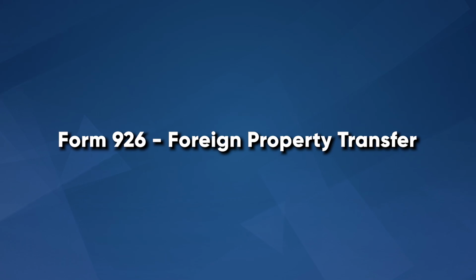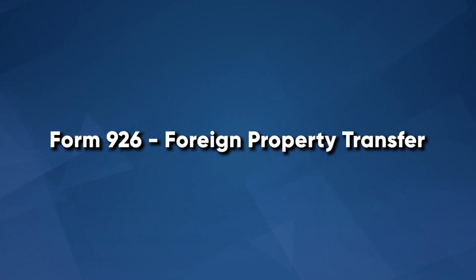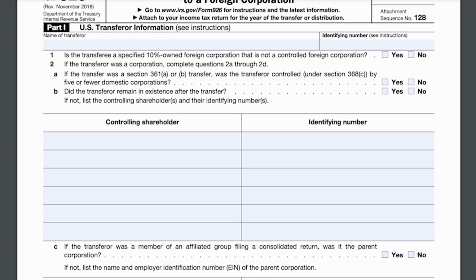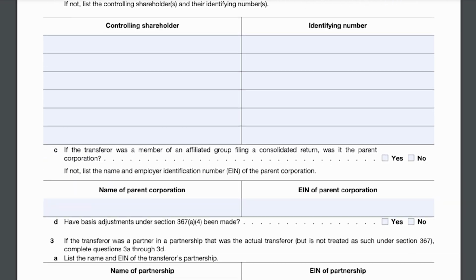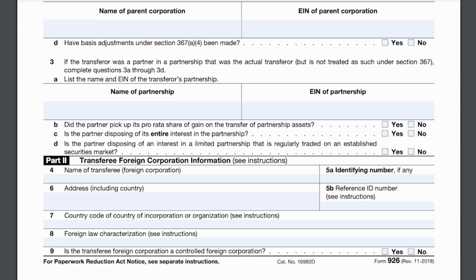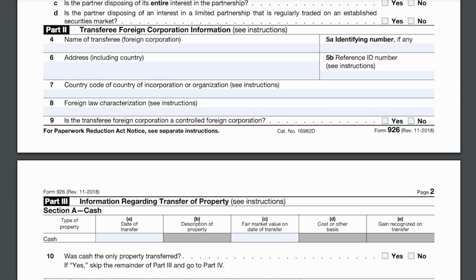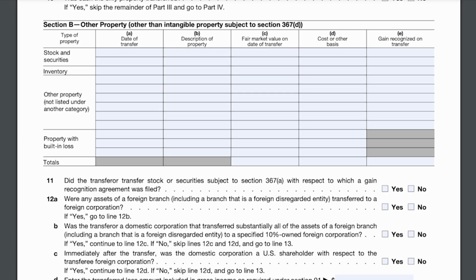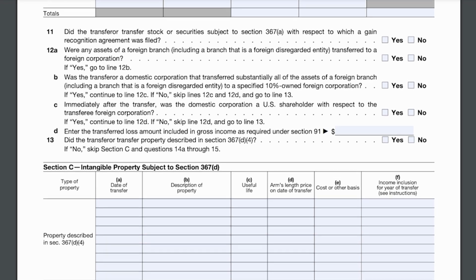Form 926, Foreign Property Transfer. This last one is a little bit more specific, but it's still important to know if you're living, working, or investing outside of the U.S. IRS Form 926, also known as a return by a U.S. transferor of property to a foreign corporation, is used to report certain transfers of cash or property from U.S. taxpayers to foreign corporations.